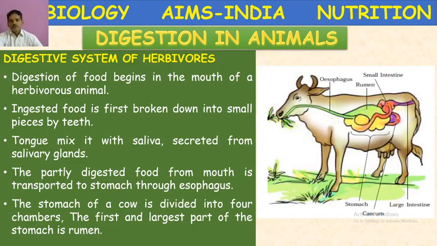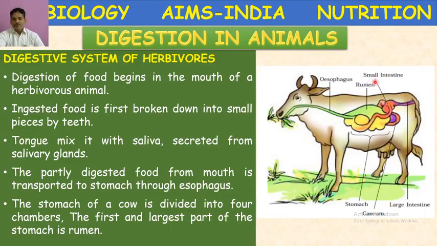There are 4 parts in the ruminant stomach, the stomach of a cow. The first and largest part of the stomach is the rumen. So rumen is the largest chamber.